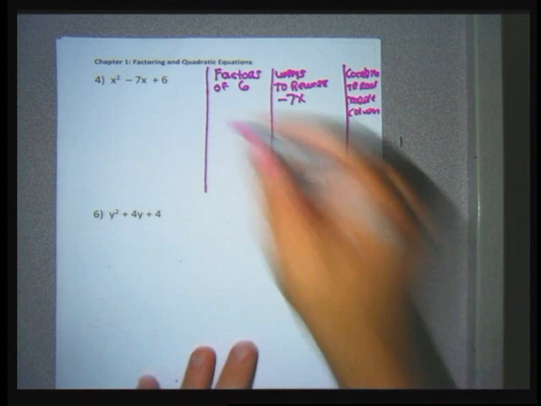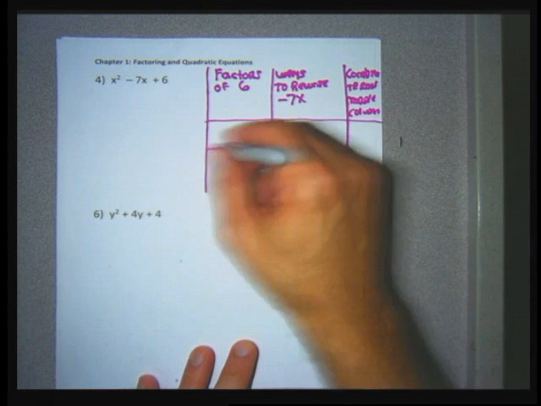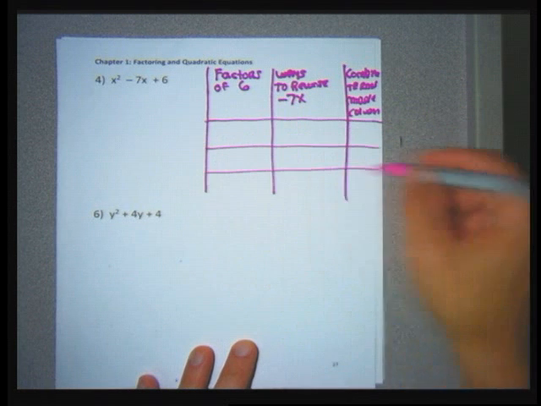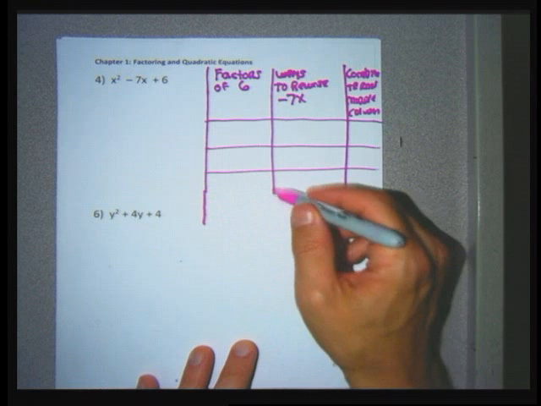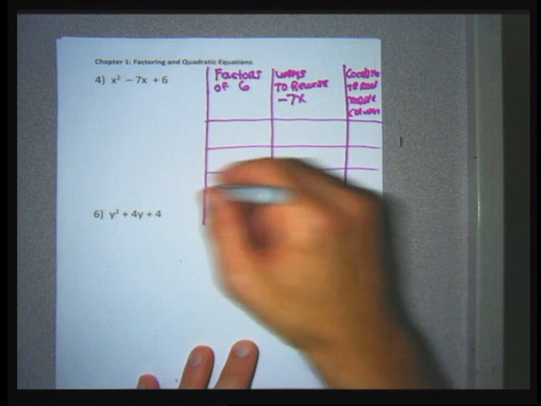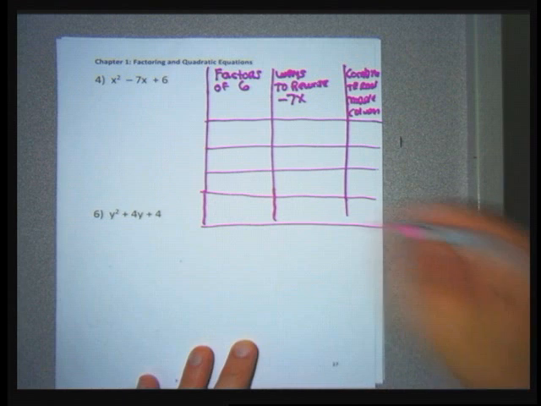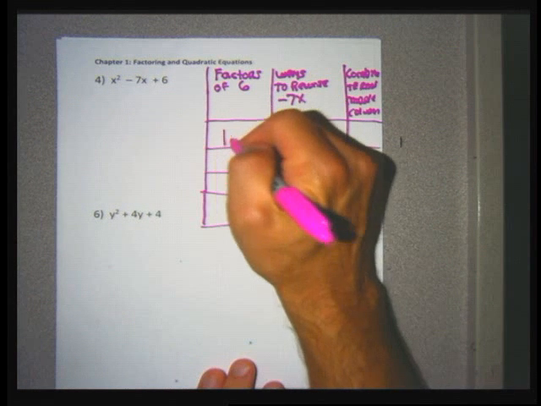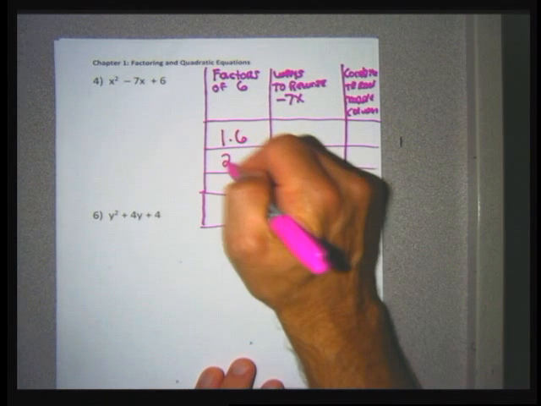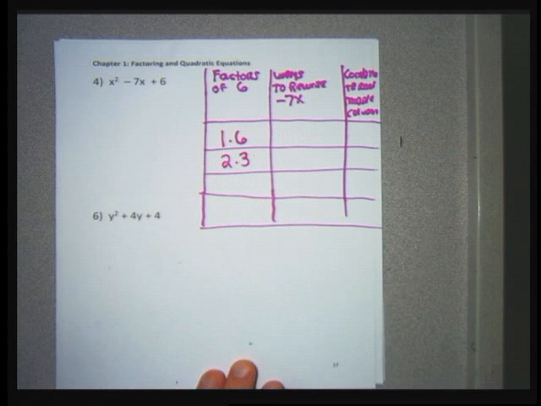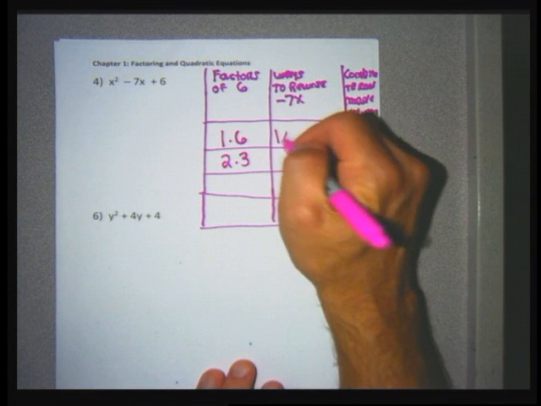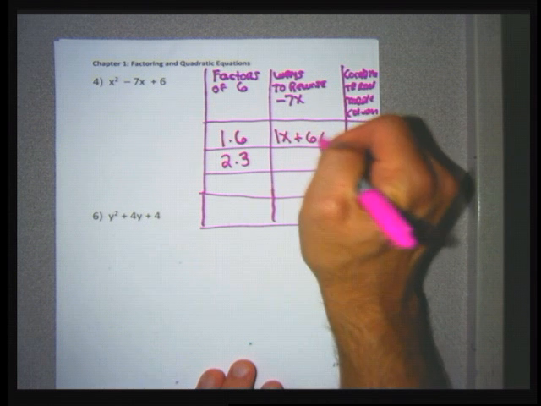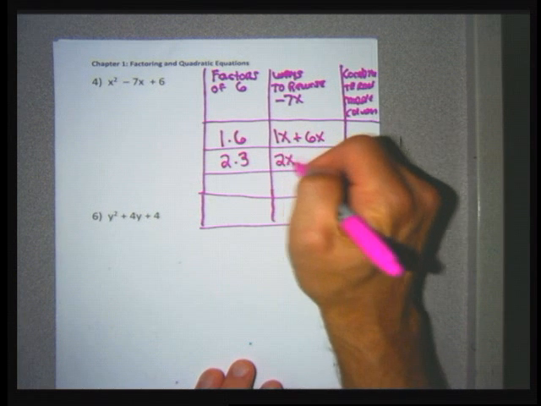So when I go to fill out my first column, the numbers I put in my first column have to specifically multiply out to be positive 6 because that's the last number in the problem. And unfortunately, I have to get more creative because if I just picked those, I'd say I can rewrite this as 1x plus 6x, or I can rewrite this as 2x plus 3x.